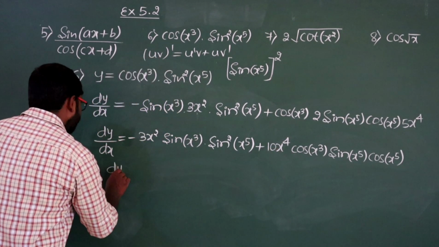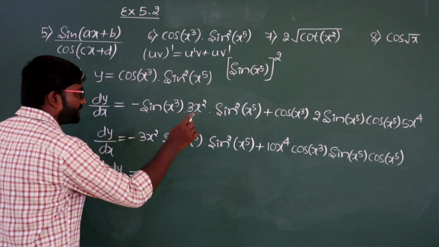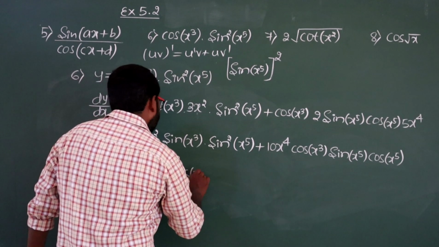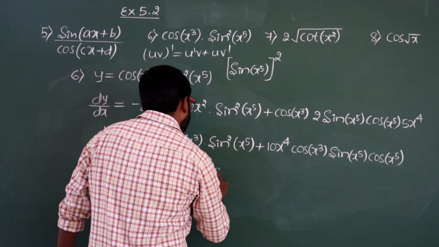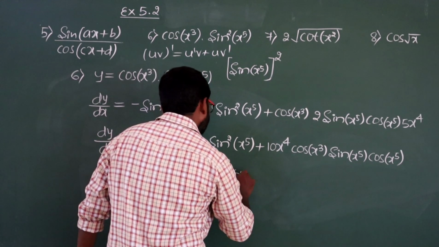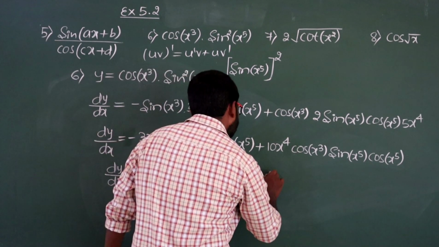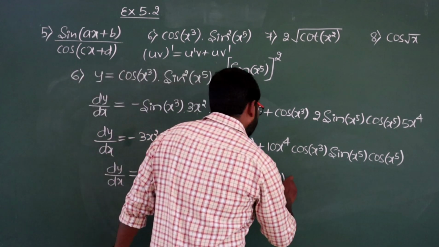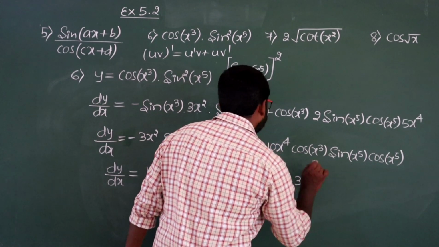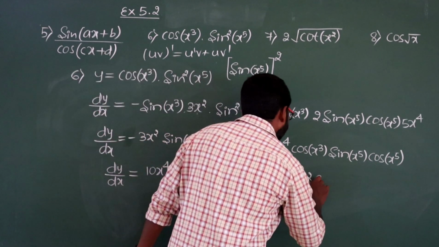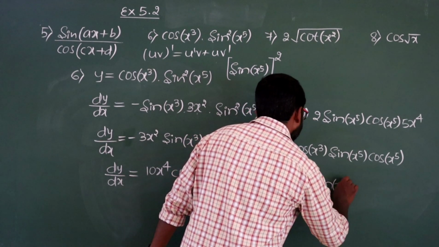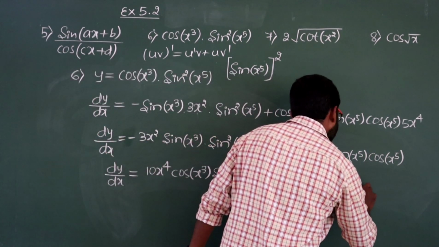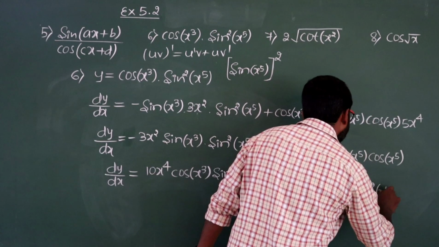So dy by dx is equal to, writing the positive term in the beginning, 10 into x to the power 4, and then cos of x cube, then sine of x to the power 5, then into cos of x to the power 5, then minus 3x square sine of x cube into sine square x to the power 5.